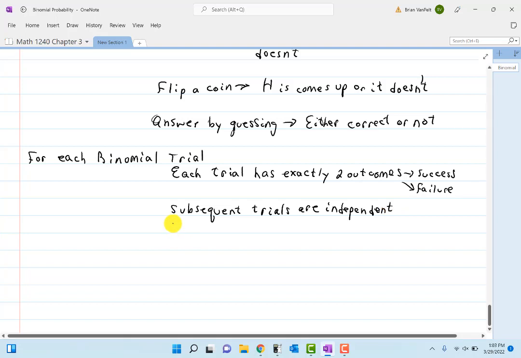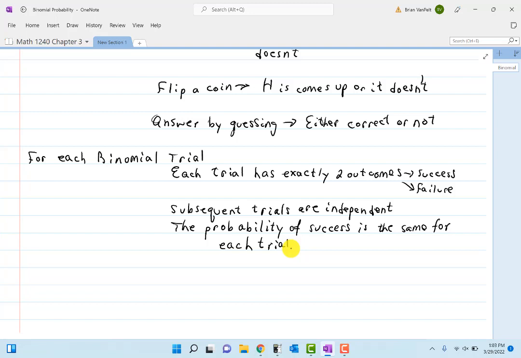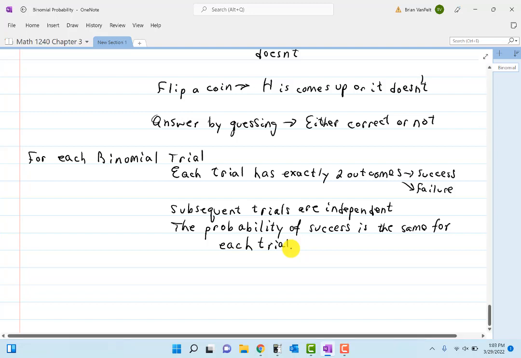The probability of success is the same for each trial. So if I'm rolling a die and I'm interested in the number 6 coming up, then the probability of success is 1/6 because I'm choosing just one number out of 6 possible.